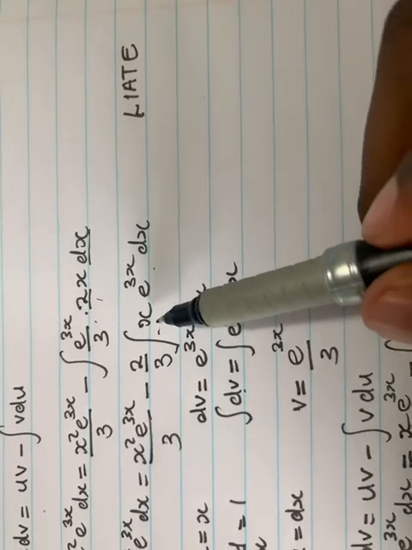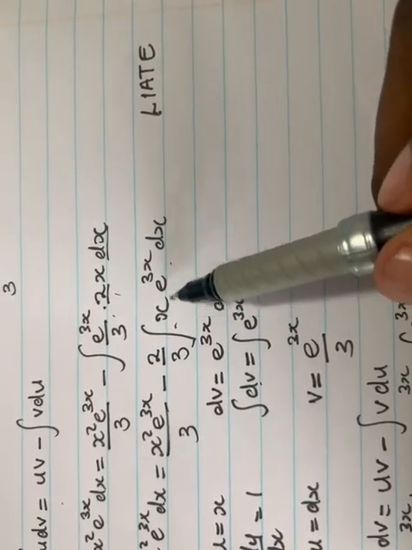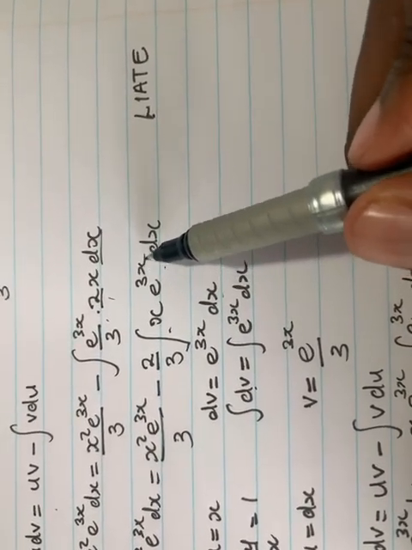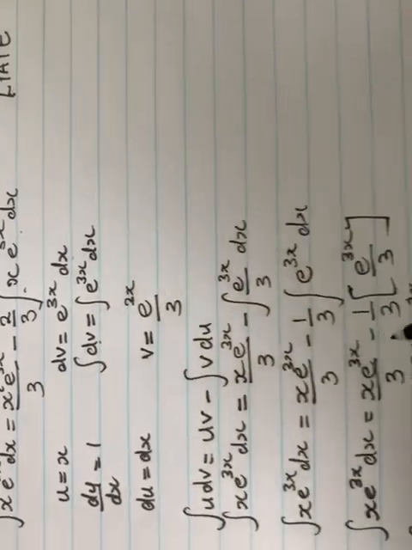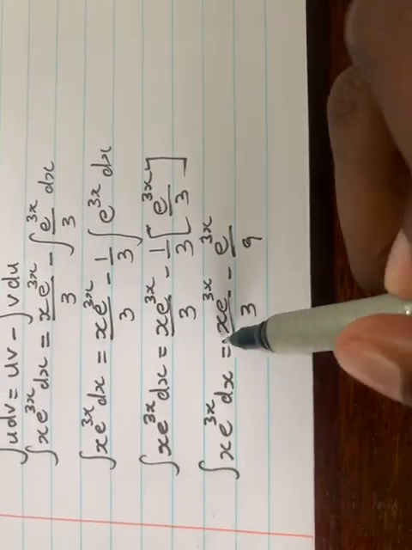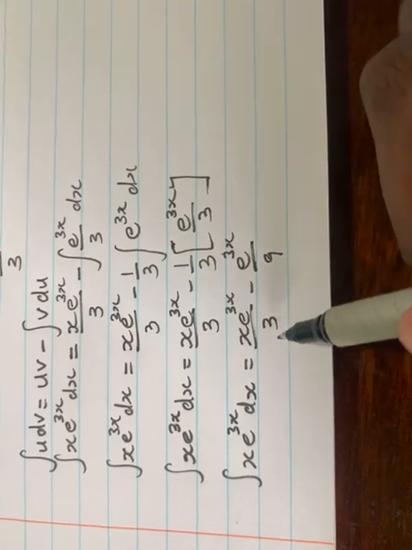And now we have integrated this part, which is the integral of x e to the power of 3x dx, and it is equal to everything here. So now we need to just substitute.